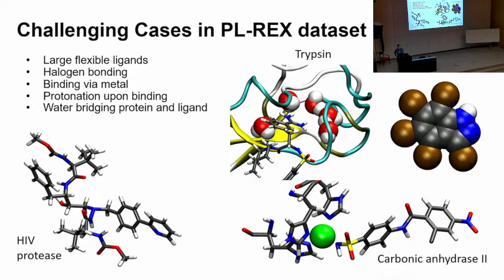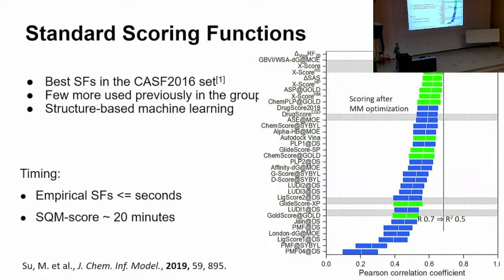Several waters. We use in this case a combination of COSMO-2 plus several explicit waters. And the null hypothesis is we should be better than the fast scoring functions.